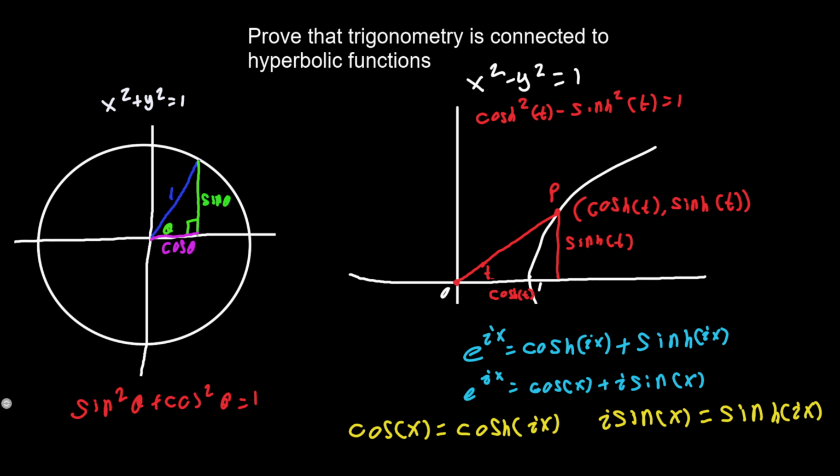They're like mathematical cousins or siblings, whatever you call it. One is circular, and the other is hyperbolic. Both are interesting and beautiful to study and look into. And once you see how connected they are, you realize that circles are connected to hyperbolas, which are connected to exponential functions, which then are connected to imaginary numbers.